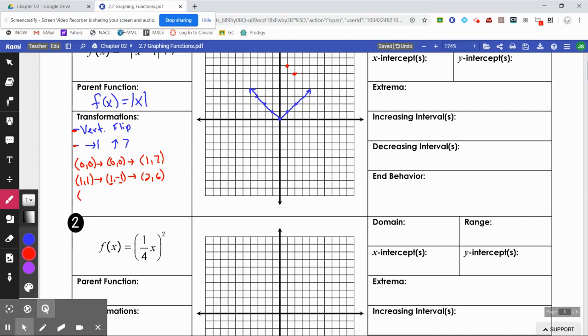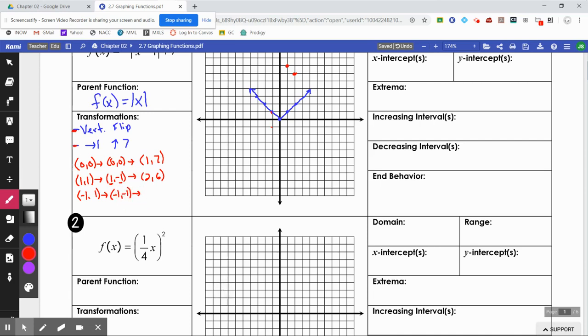Next up, I'm going to do the point negative 1, 1, which is on the original parent function. When you flip it vertically across the x-axis, it's now down here at negative 1, negative 1.